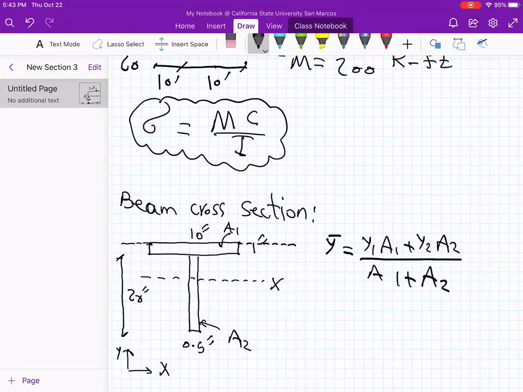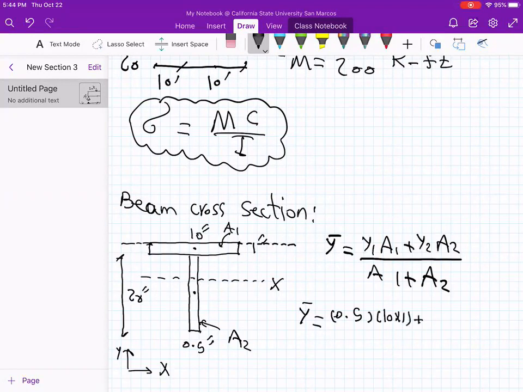Okay, now help me to write. With respect to this line, this is the center of this one and this is the center of that one. What is Y1? It's 0.5 inch, right? A1 is 10 times 1, right?